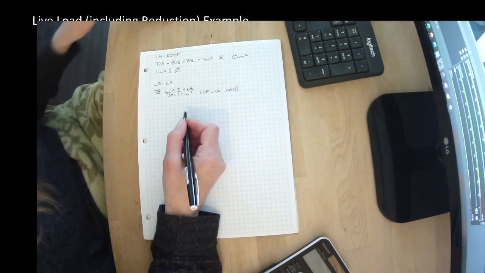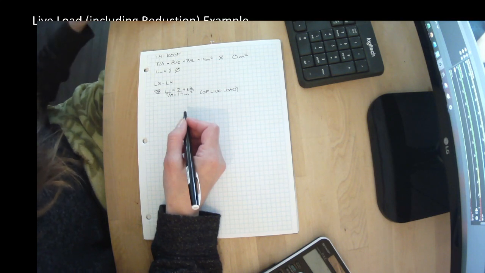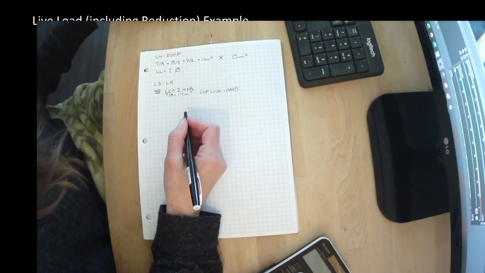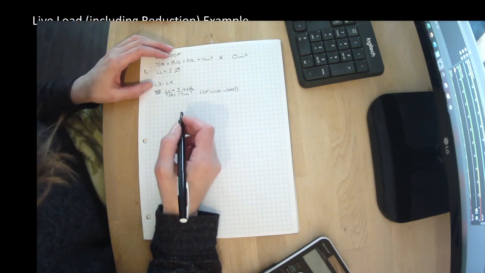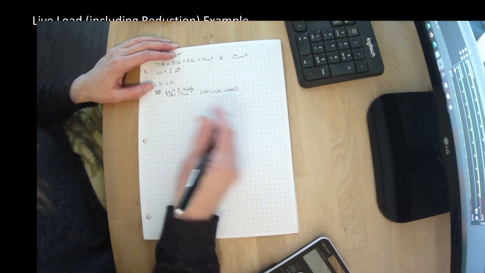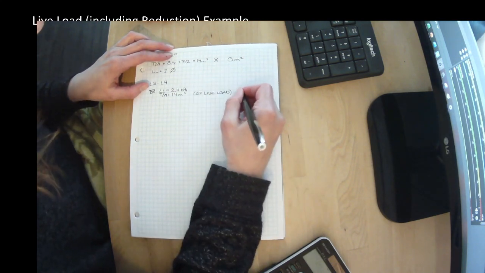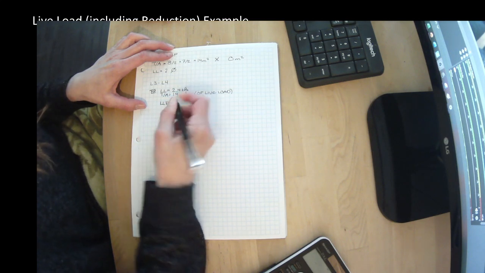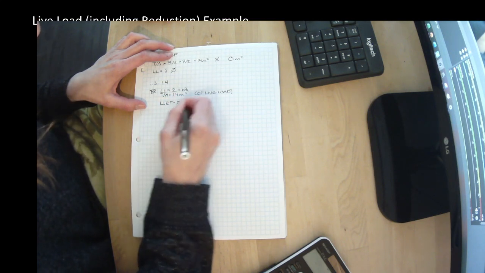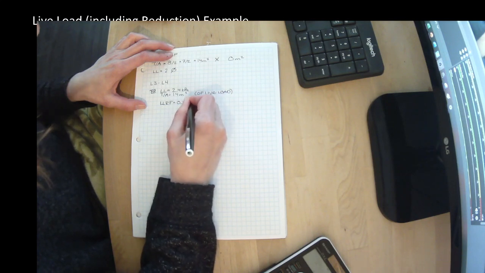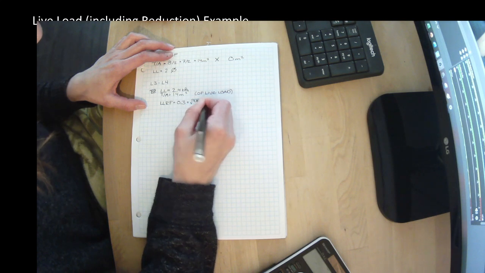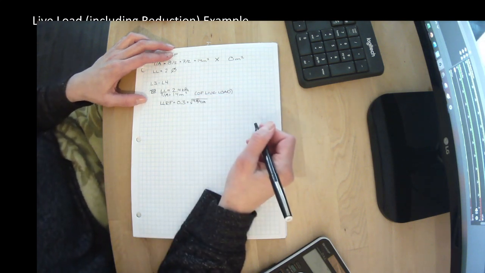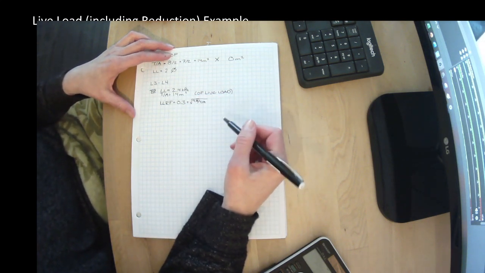Do we get to apply our live load reduction factor? Now, if you guys remember, for a non-assembly load, our live load reduction factor equaled 0.3 plus the square root of 9.8 divided by our tributary area. They just called it A, or area, but you get the idea.